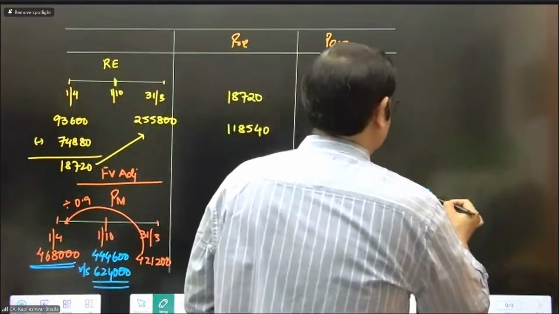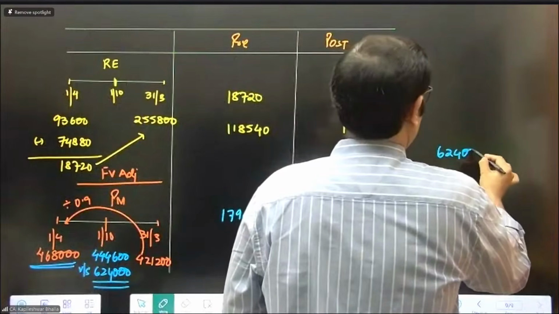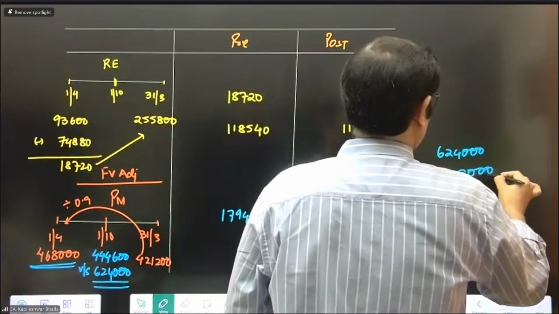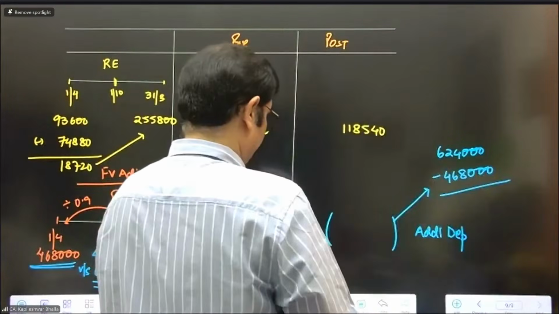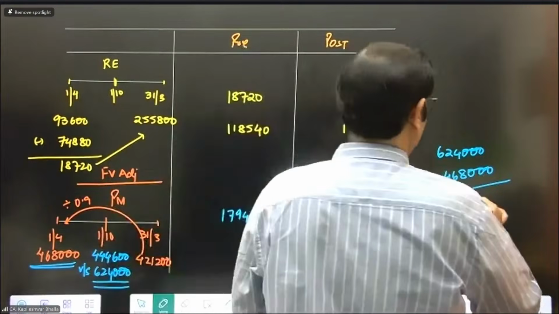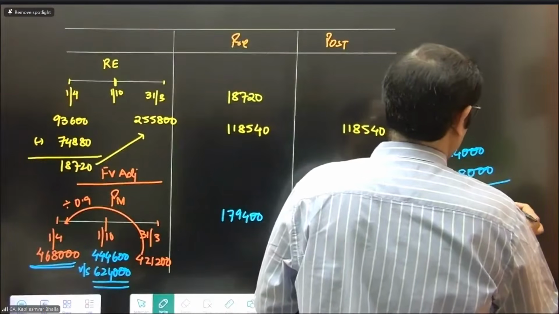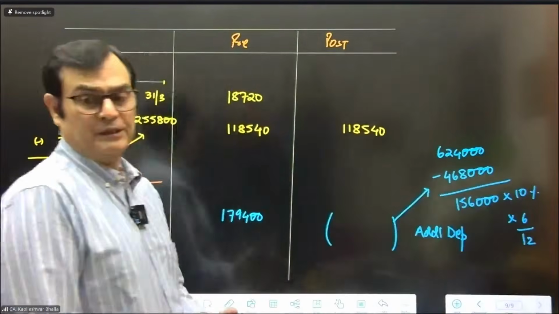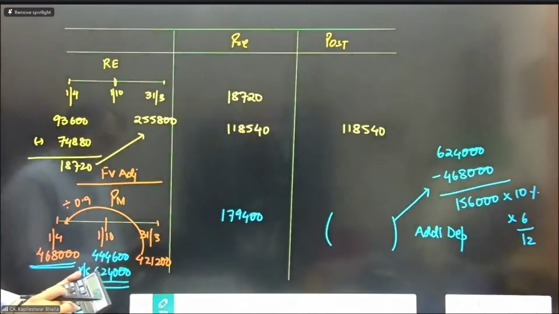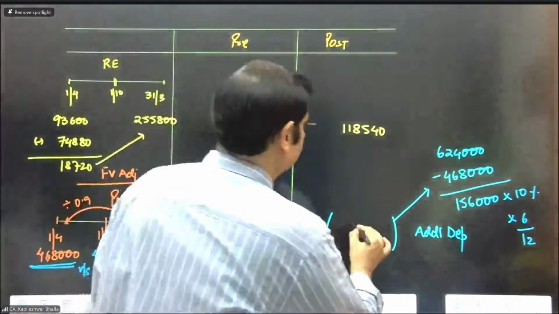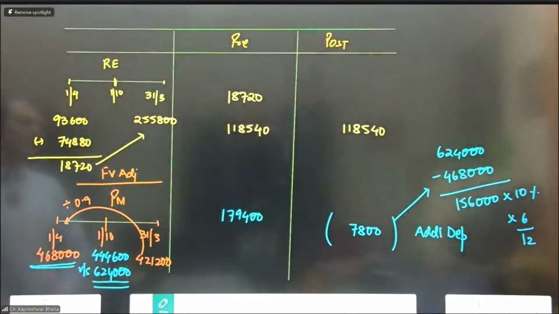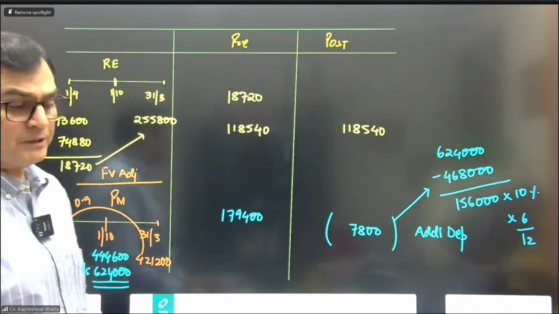Let's calculate it. 624 is what I should have taken a depreciation on. 468 is the figure on which we have taken the depreciation. So on this 156, there is a need to consider a 10% depreciation for a period of 6 months. That works out at 7,800, which is post-acquisition. So that is one fair value adjustment for the plant and machinery.